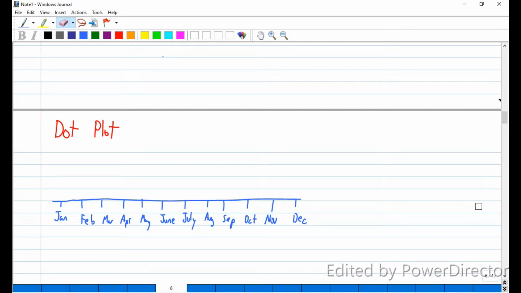So everybody participate, make this more fun. How many people were born in January? Raise your hand. 2. How many people were born in February? 1. Just 1. What about March? 1.